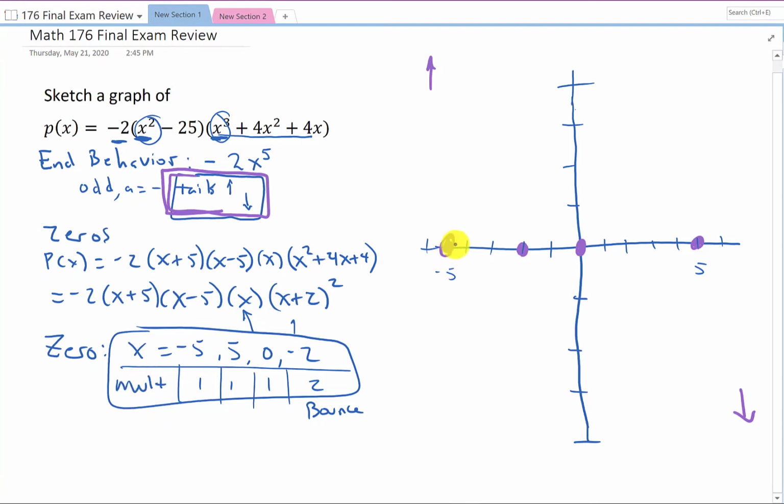So this zero here at -5 is multiplicity 1. So I'm going to come straight through it. So the graph is going to come down straight through that. At -2, though, it's not going to, it's going to bounce. So I'm already below. I don't know how it's going to have to turn, but then it's going to have to bounce.